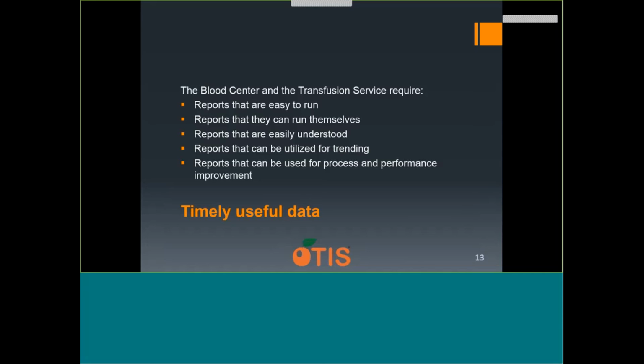And I mean immediately understand. You don't want to have to process the information too much. It should be clear what it is. And the reports can be used for trending. And, of course, they can be used for process and performance improving, because once you have the data and it's good data and it's useful, then you can actually do something with it.